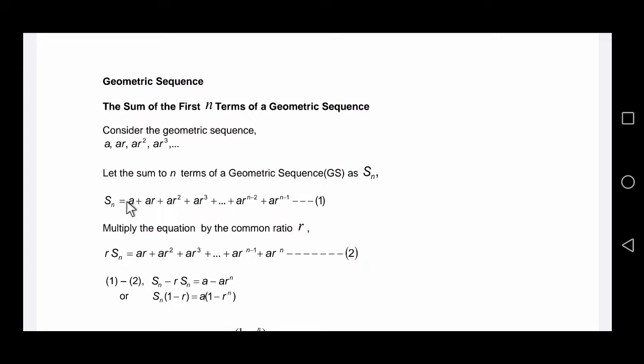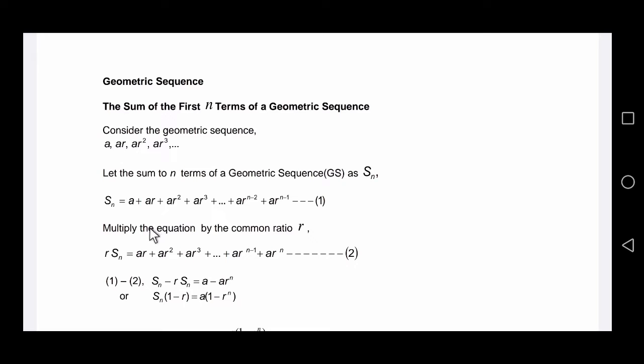Sn equals A plus AR plus AR squared plus AR cubed plus so on plus AR to the power of n minus 2 plus AR to the power of n minus 1. Let's define this as equation 1.